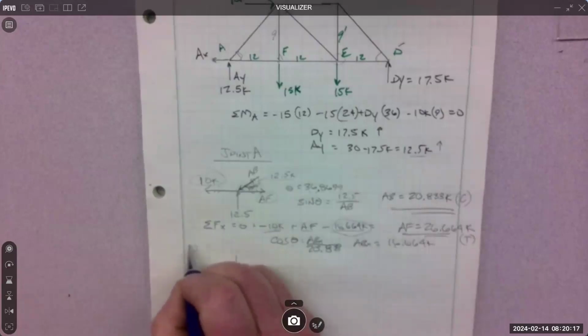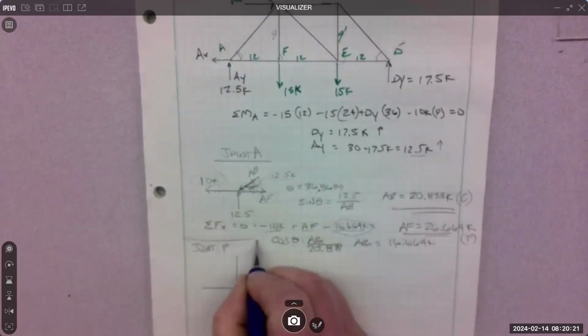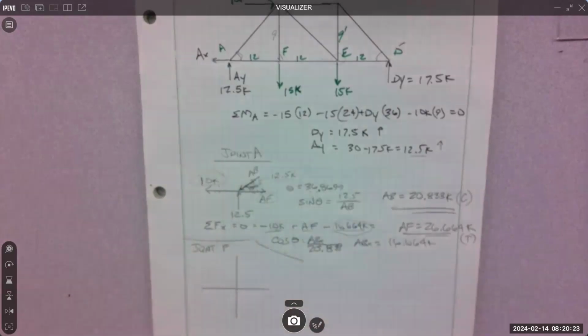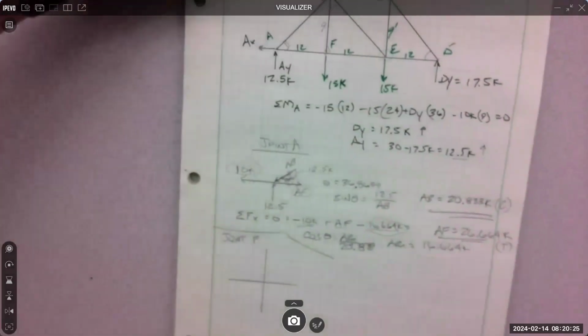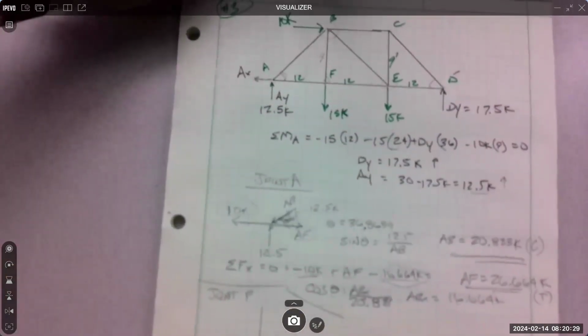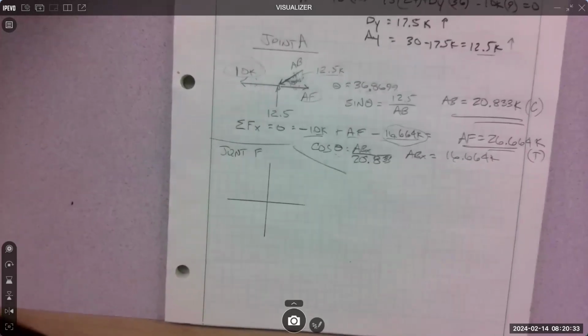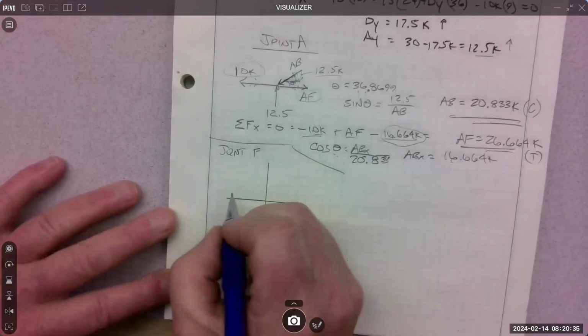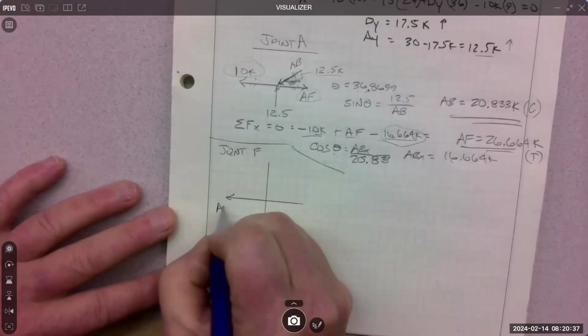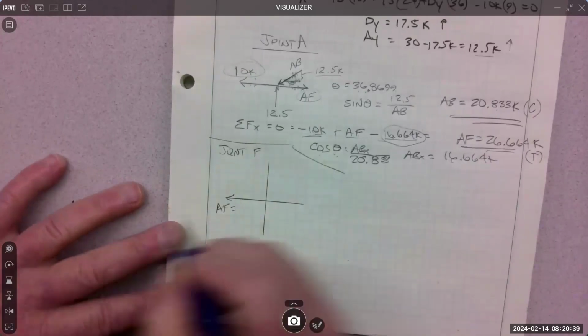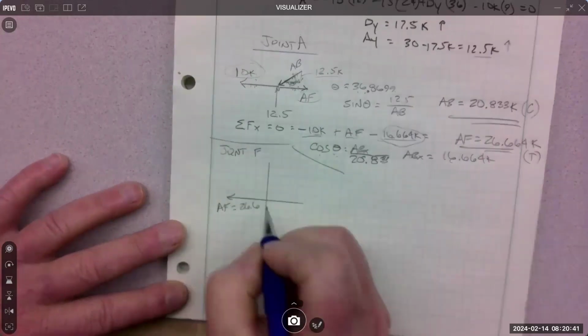So this is joint F. It's got 15 down and then AF coming away from the point. So AF comes away from the point and is equal to 26.6.